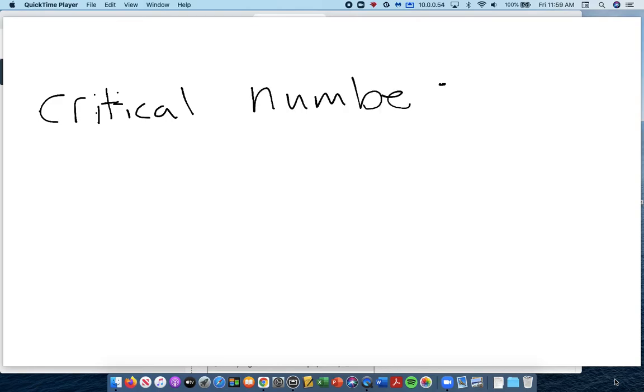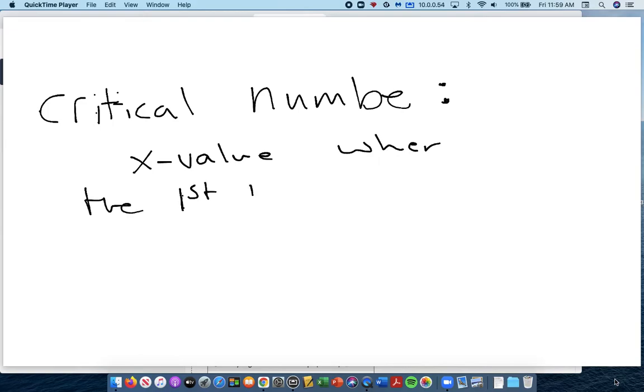The first thing I want to talk about is what we refer to as a critical number. And a critical number, as we're going to define it in calculus, is an x value where the first derivative equals 0.